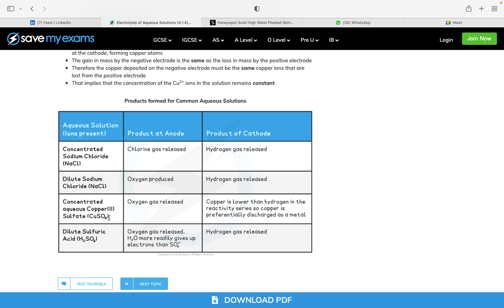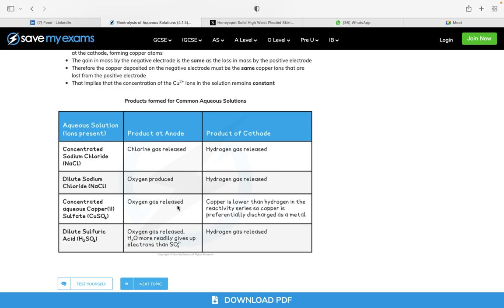Now consider concentrated aqueous copper 2 sulfate. Oxygen gas is released or produced here, because we say concentrated aqueous, meaning it's still mixed with water. It's still mixed with water, so it is dilute despite being called concentrated, because it's not so concentrated.